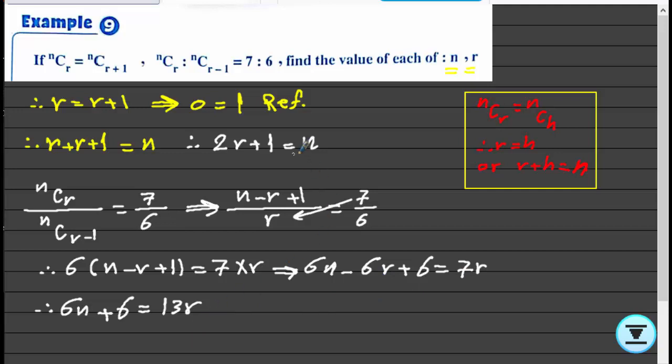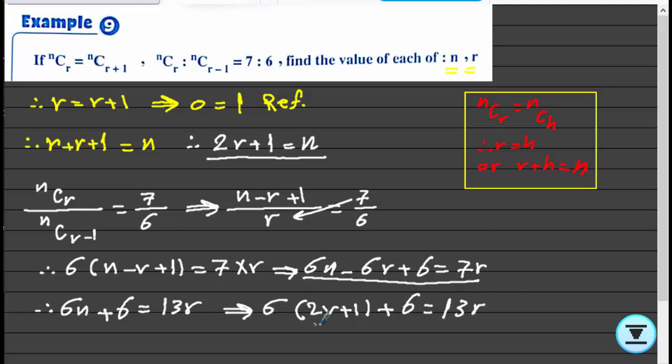Okay, but we know that here from 1, 2r plus 1 equals n. So I'll substitute n with 2r plus 1. So 6 multiply 2r plus 1, plus 6 equals 13r.